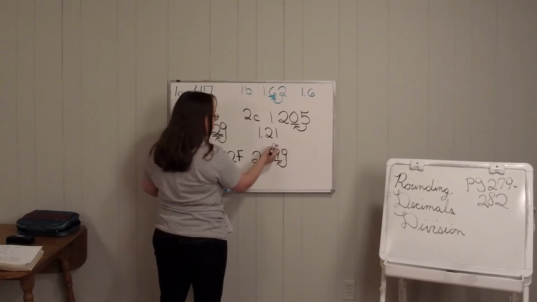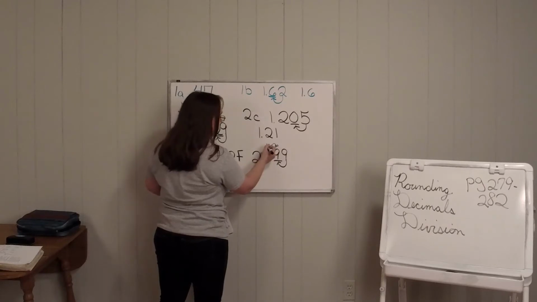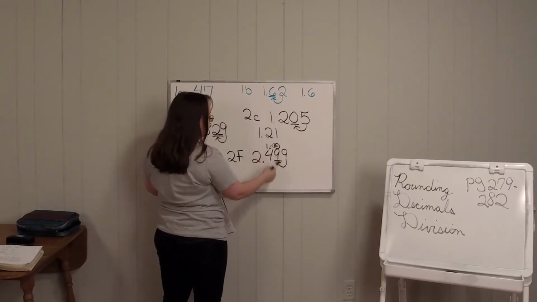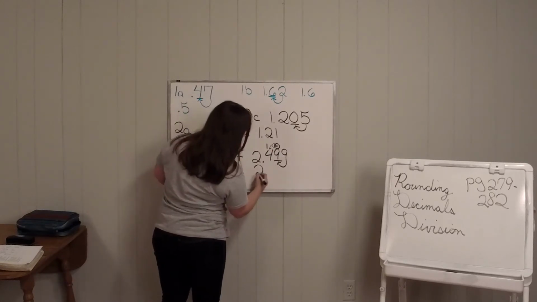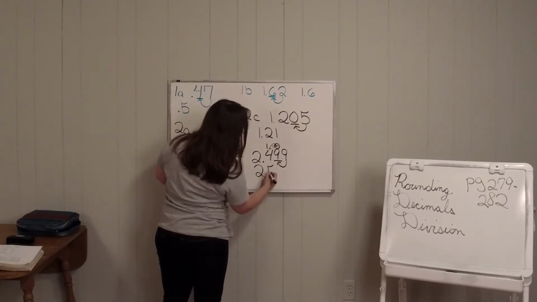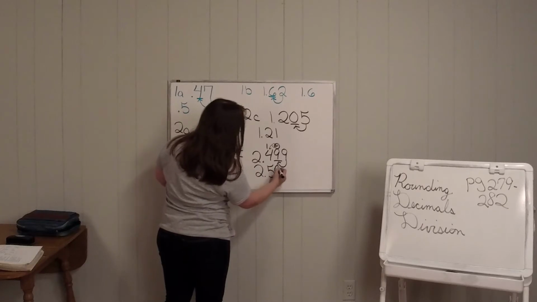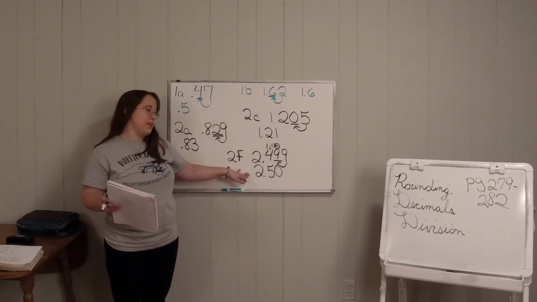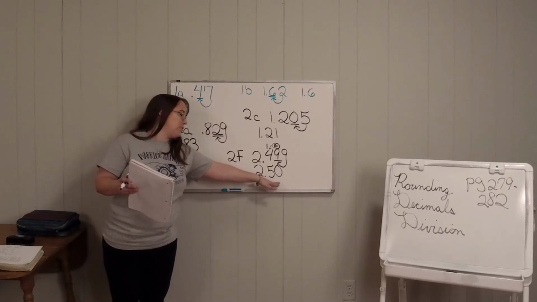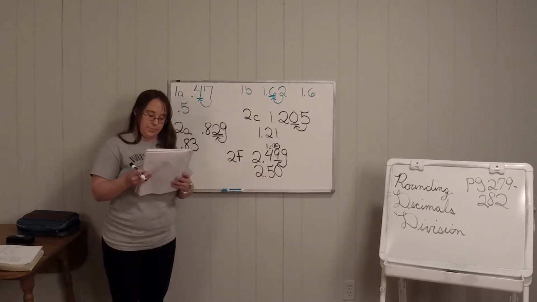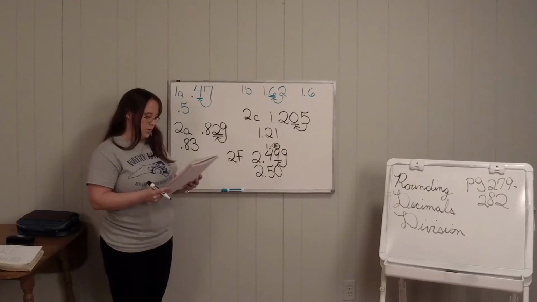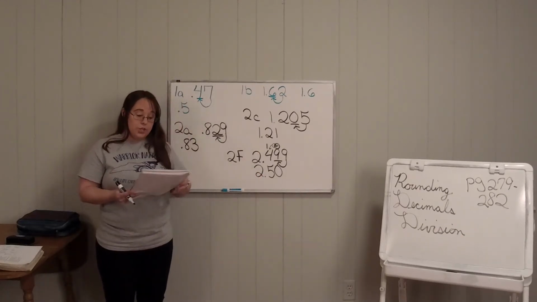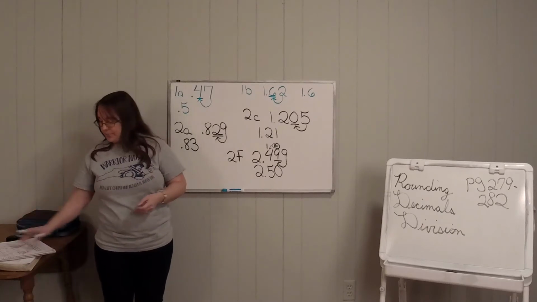So we move the 1 here, and the 0 will stay there. 1 plus 4, now this number is going to become a 5, the 9 is going to become a 0. So your number will be 2.500. Because you have to have a number in the hundredths place, because you're rounding to the nearest hundredth.